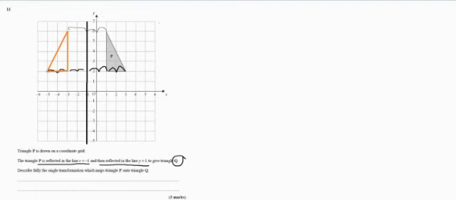And the reflection is by the line y equal 1. This is the line y equal 1. Now let's reflect this shape by the line y equal 1. We count the squares, 1, and draw the point.